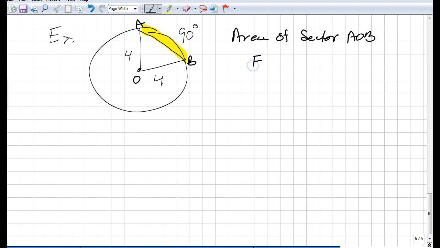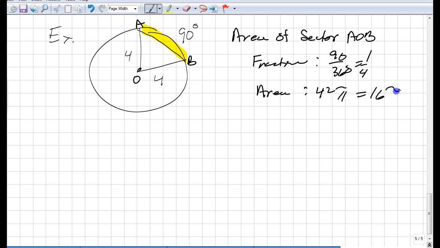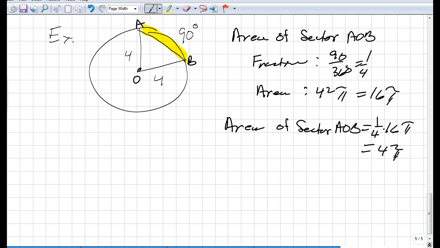So the fraction is going to be 90 over 360, or 1 over 4. The area of the whole circle is 4 squared pi, or 16 pi. So the area of sector AOB is equal to 1/4 times 16 pi, or 4 pi. Let's box that because we're going to need that later.